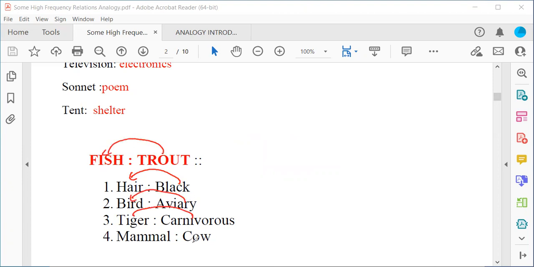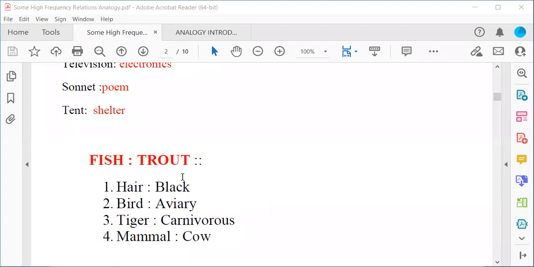Black is a type of hare? No. Ivory is a type of bird? No. Carnivorous is a type of tiger? No, it should be the opposite. Wrong. Cow is a type of mammal, or belongs to a group of mammals. Yes. So the answer is this one.